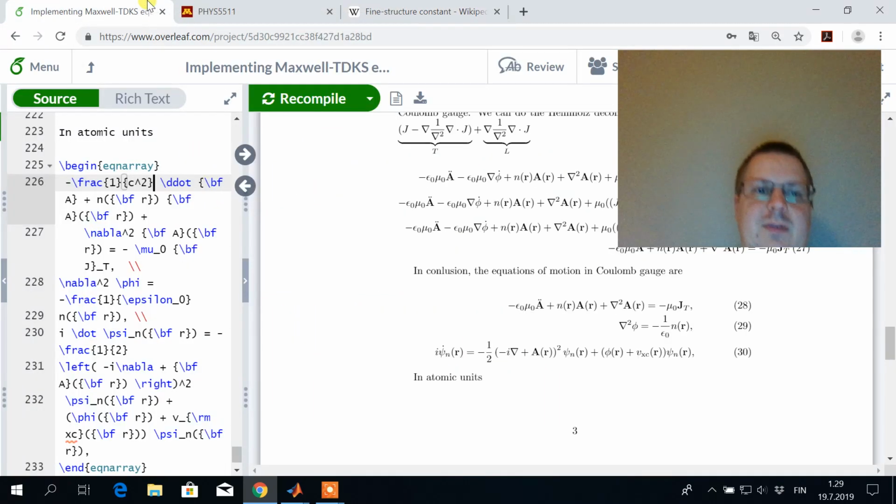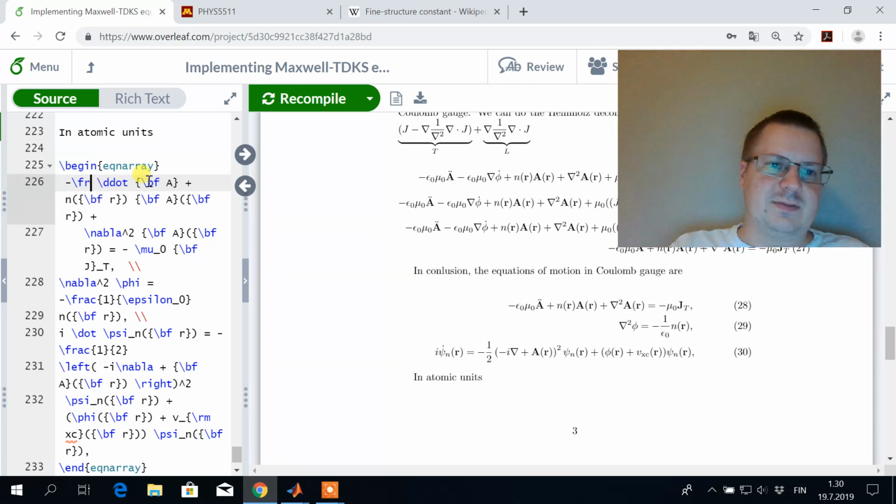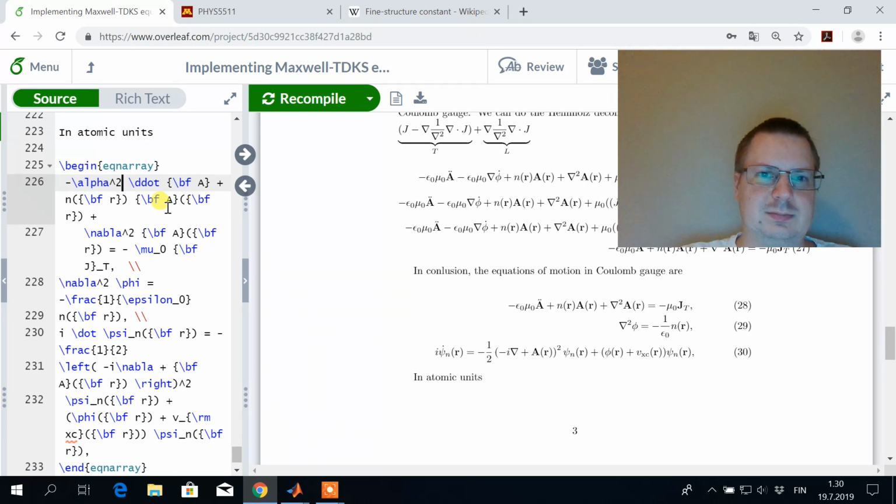So it's 1 over c squared, and c is 137, so it's actually alpha squared, like so.